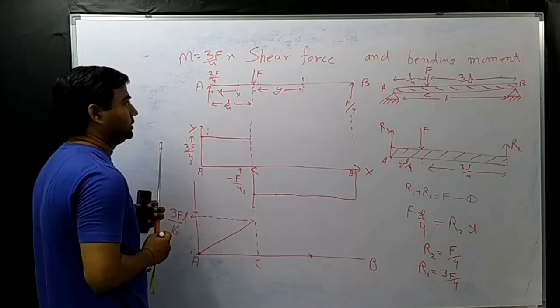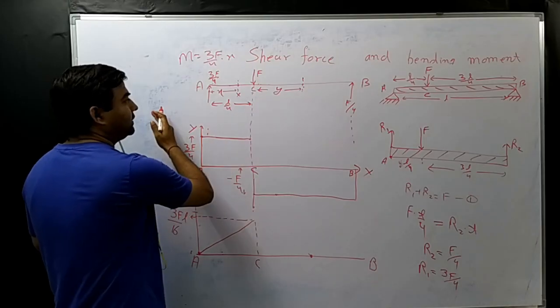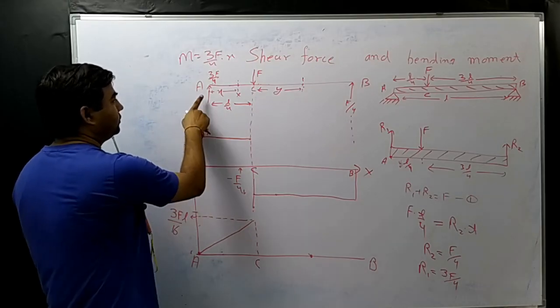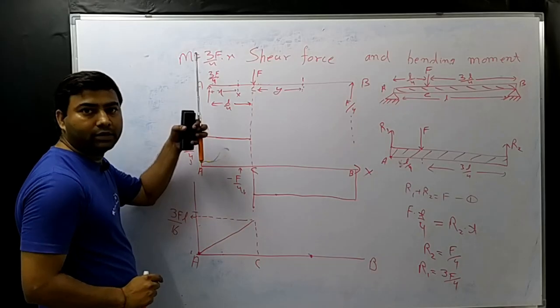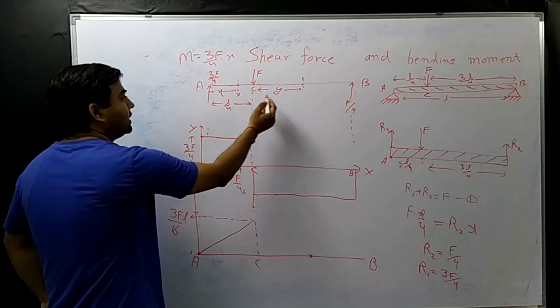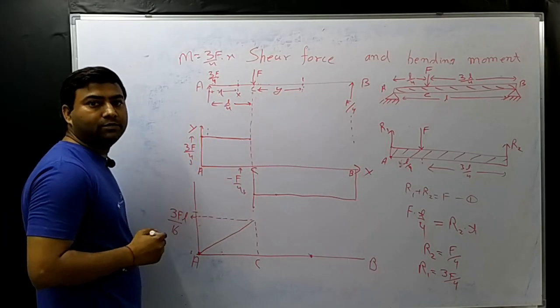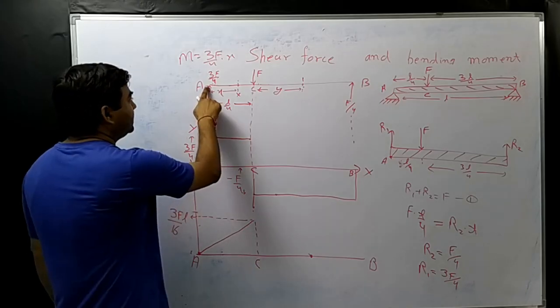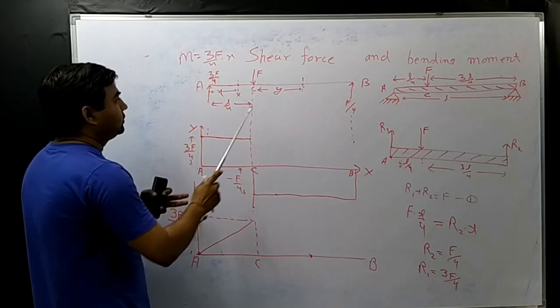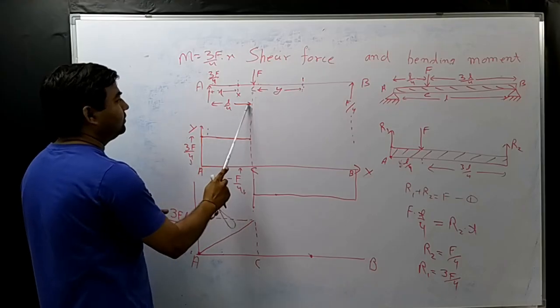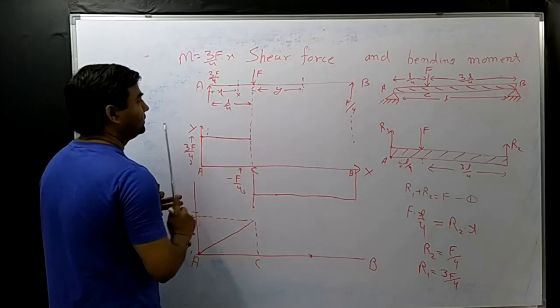if we take this arbitrary point, there are two leftward forces. One is this 3F by 4 upward. The moment of this force about this point will be positive as per convention. The distance of 3F by 4 from this point is L by 4 plus Y, where Y is the distance from C to this arbitrary point about which we are finding the bending moment.